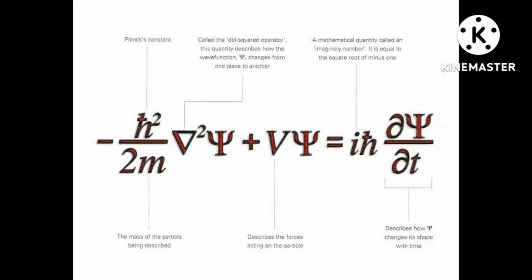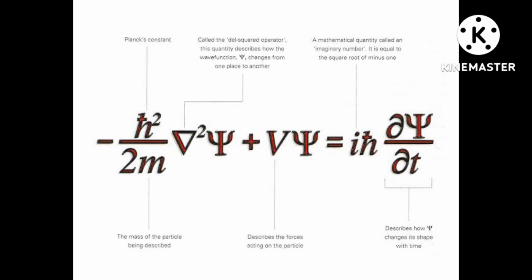Then H psi is equal to E psi is the very simplified form of the Schrodinger wave equation. Now I want to tell about the psi. I want to give you an idea about the psi. Why is it psi? What does it mean?